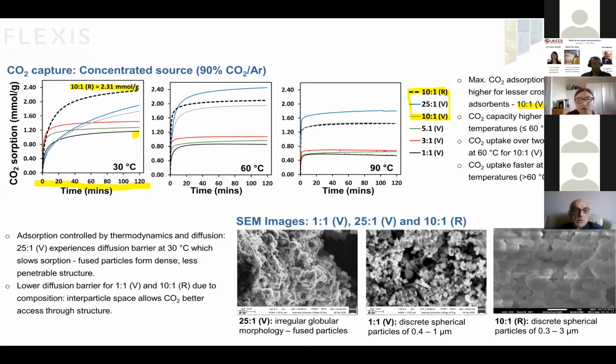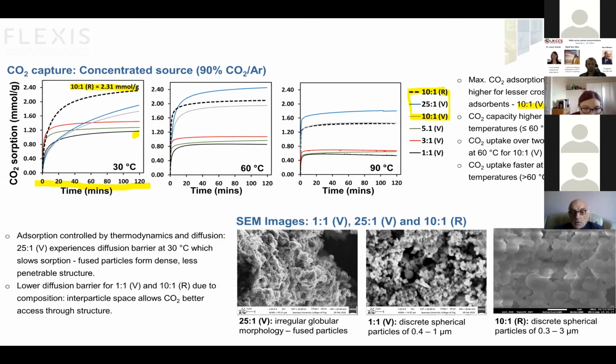So how can we rationalize these adsorption behaviors? We look at the SEM images, and the SEM of 25:1 V shows the material is composed of irregular globular morphology of fused particles forming larger mass particles.